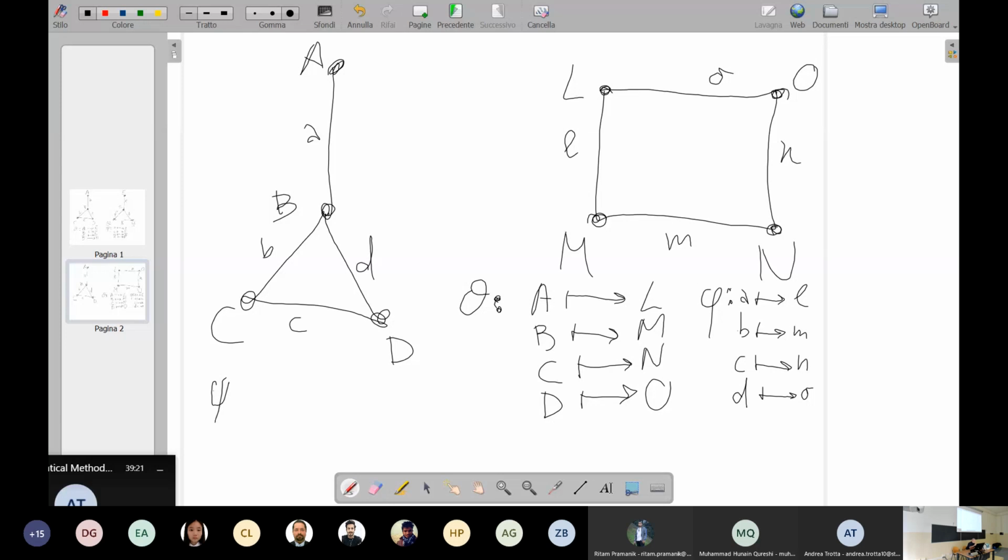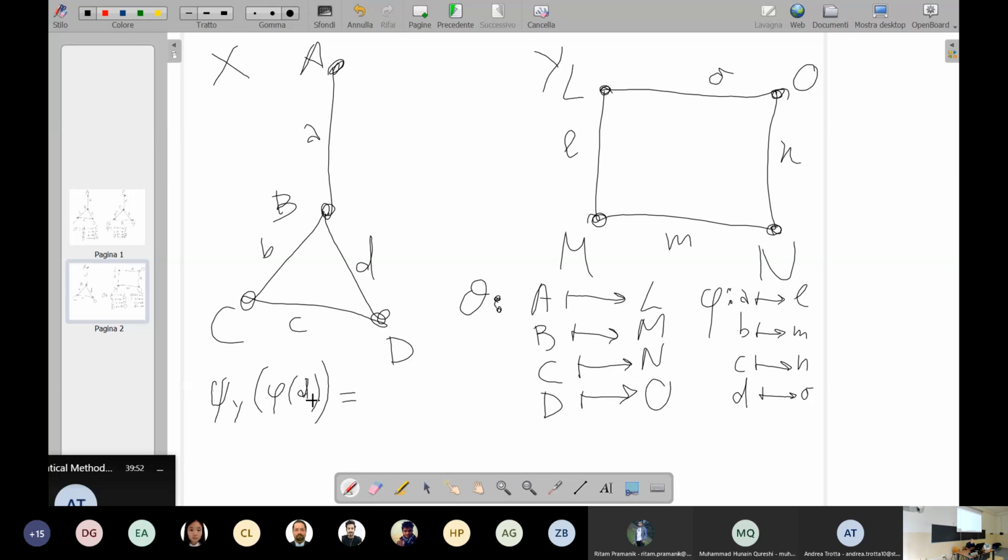psi, let's give names to these graphs, X and Y. So psi Y of phi of d is what?